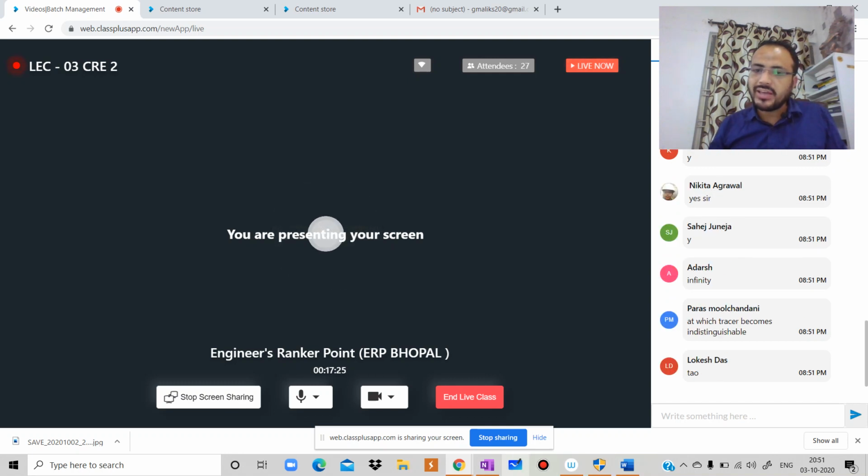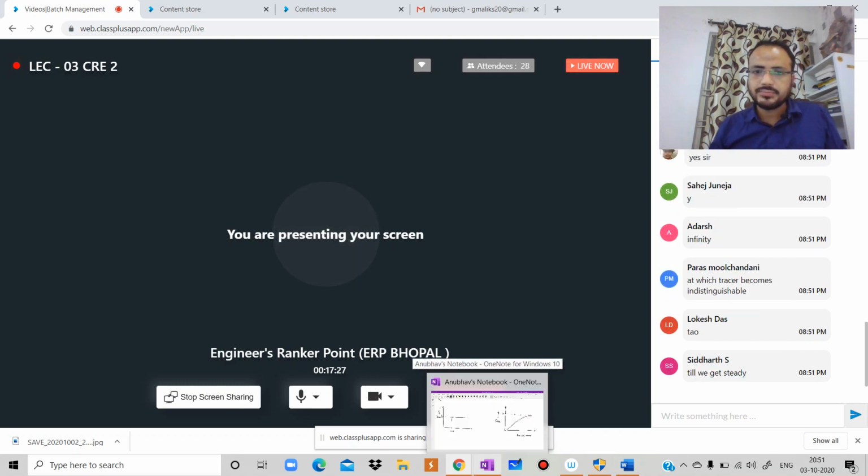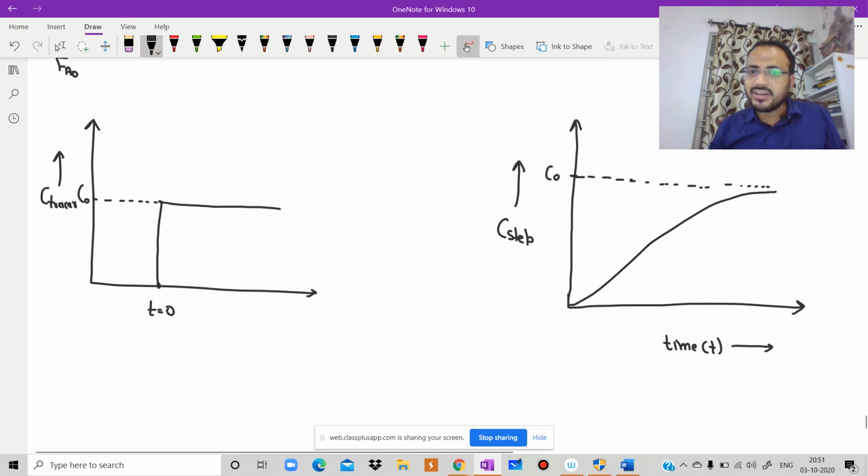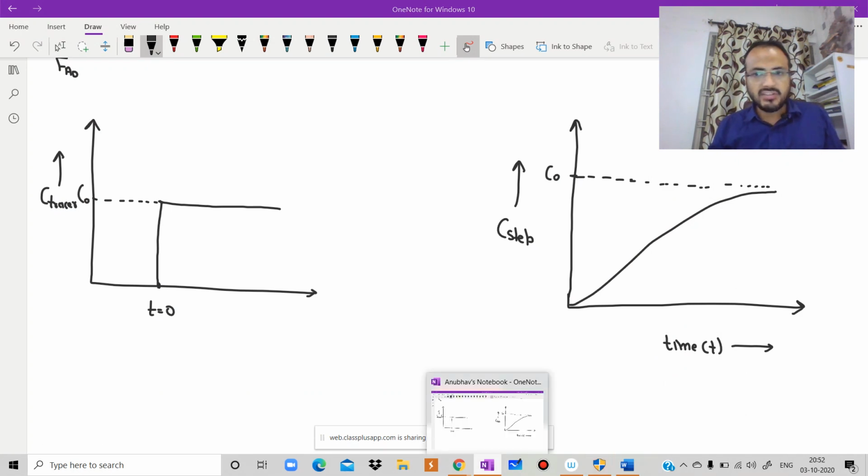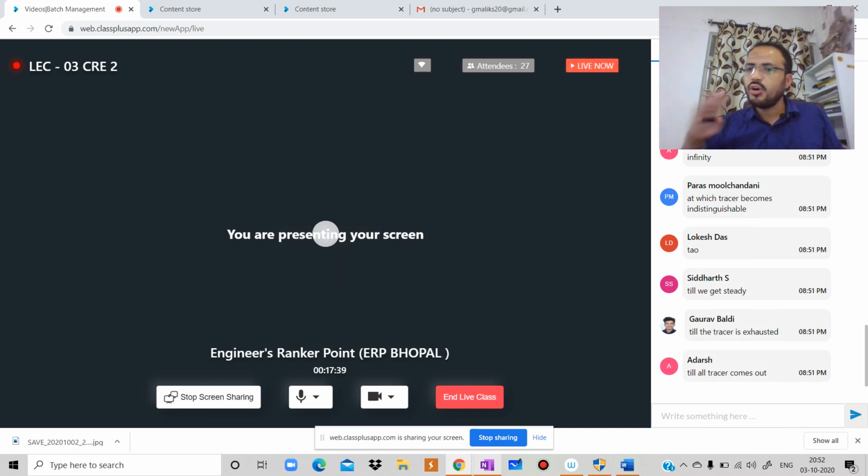Infinity time we can say, or we can say that when it gets nearly around C node, then we will stop the experiment. Is it clear? We will stop the experiment when all the tracer comes out. Very good. I hope all these things are clear to each and every student.